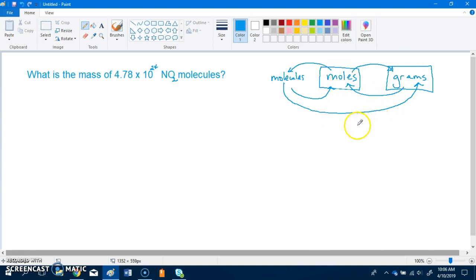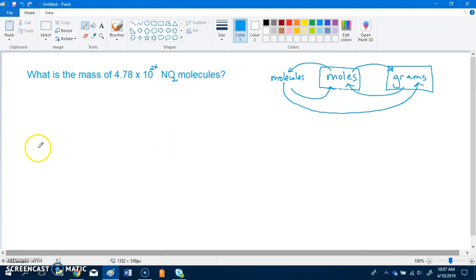So that's another way to think of it using this visual graphic, that if you are skipping from molecules to grams or grams to molecules, you're going to have to do a conversion to moles first and then over to grams. So that kind of helps you map out what you're going to be doing.